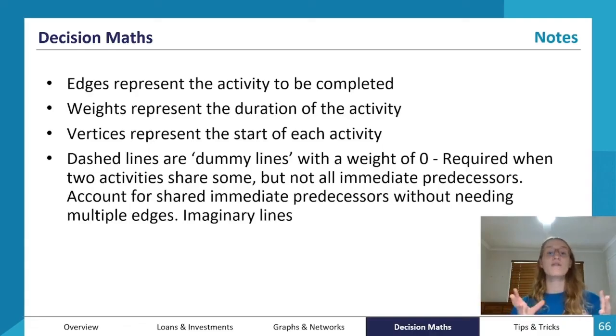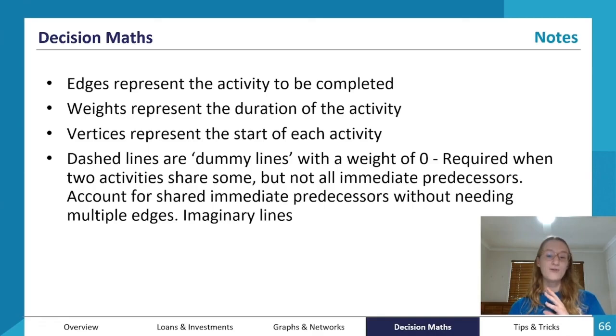So edges are what represent the activity to be completed, and the weights represent the duration of the activity. So it might take 3 days for them to lay the concrete, for example. And then the vertices represent the start and the ends of the activities on either side of the edges. And the dashed lines, which are the dummy lines that have a weight of 0, what I introduced earlier, are required when two activities share some but not all immediate predecessors.